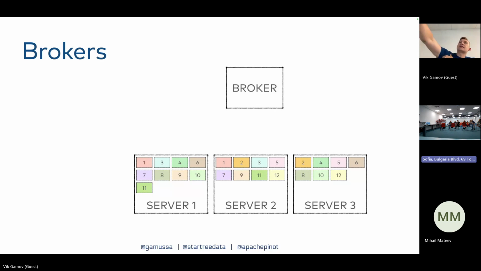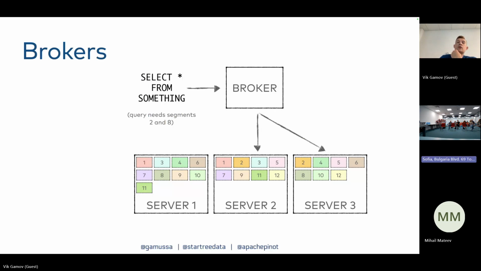So as you can see, there's segment 1 on server 1 and server 2, segment 2, for example, on server 3 and server 2, and the broker, from the metadata, can actually balance the load of which segments to read. Sometimes some segments that we're reading from might be stored on one server, so you don't need to go to another server to query this data. As you can see here, we can have segment 8 available on server 1.